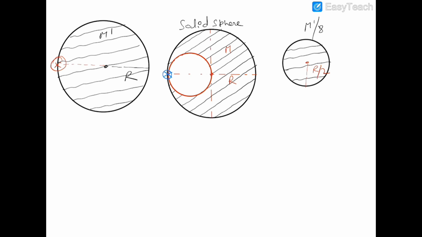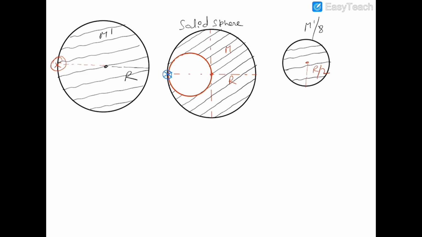because volume depends on the cube of the dimensions. If the dimension has become 1 by 2 times, then the volume would have become 1 by 8 times, and therefore the mass of this smaller sphere would be m dash by 8.